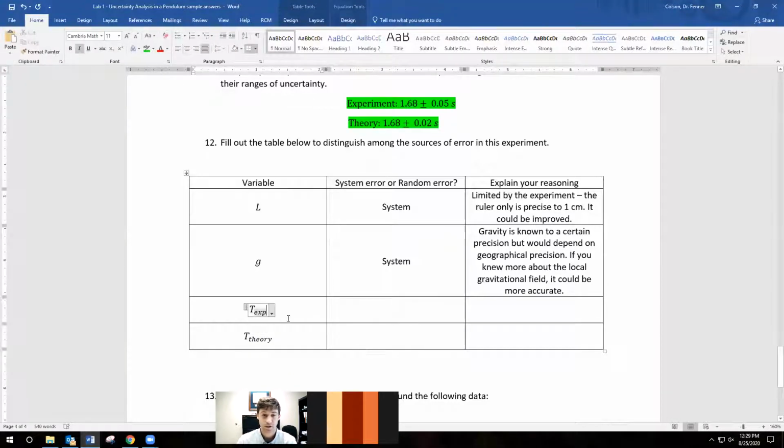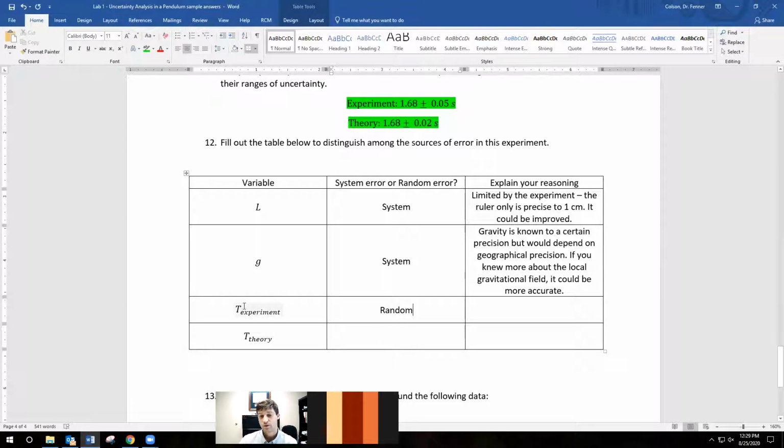So experimentally, you could definitely make an argument the other way, but I think it's possible to classify that variable as random, with a certain degree of certainty.